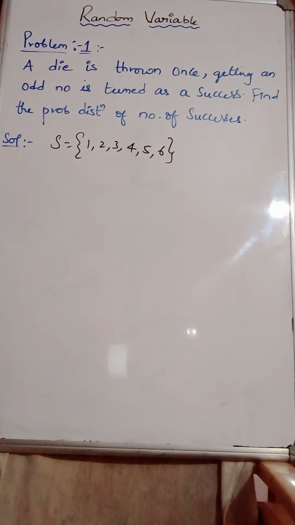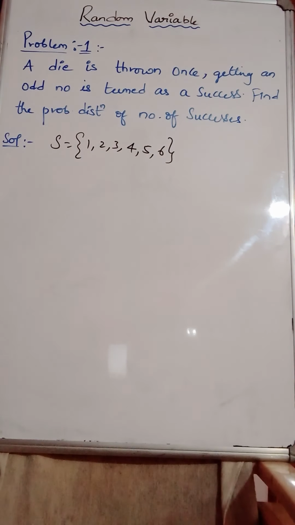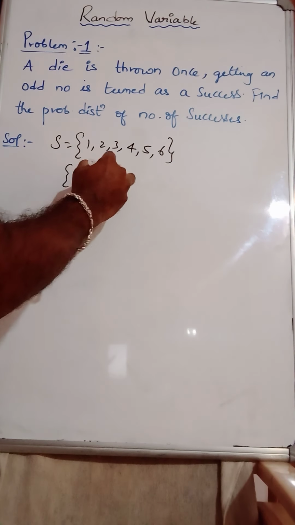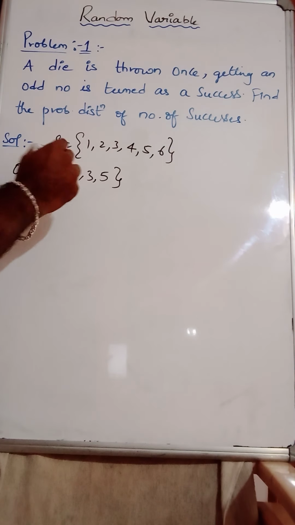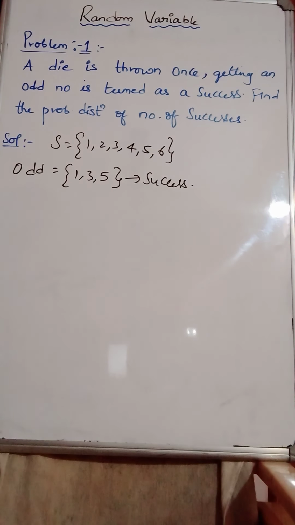Now, what is the favorable case here? Getting odd number becomes a success. What is the chance of getting odd numbers among these? 1, 3, 5. And this is a success, that is the condition given.